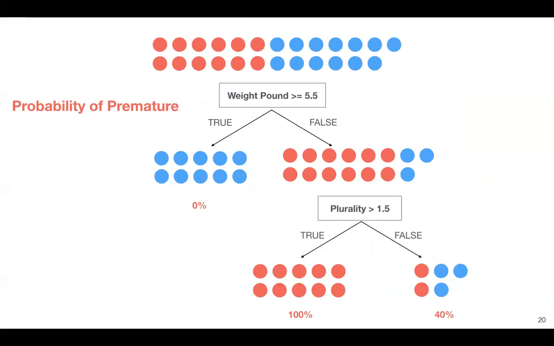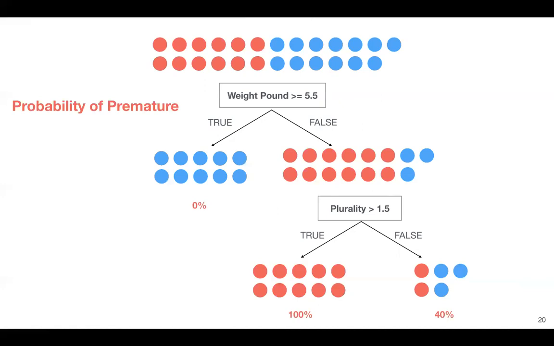So I just brought that two-dimensional scatter plot-ish chart into the tree visualization. We're basically looking at the exact same thing. So we started with a bunch of babies at the top, like 25 babies, I think. And then the first question here is weight pound. Is the weight pound greater than 5.5 or not?